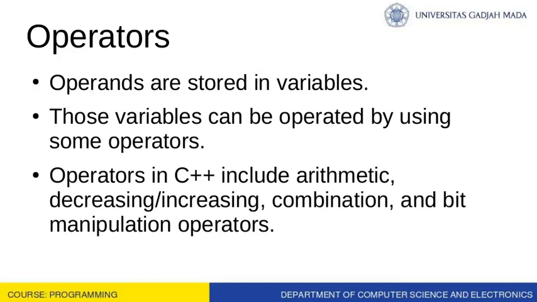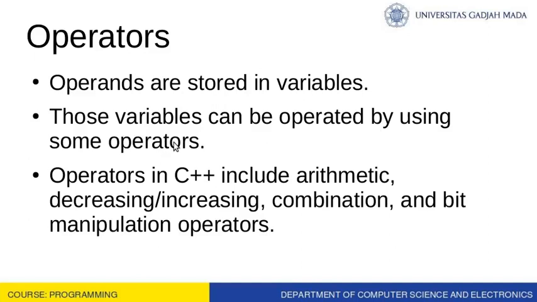So let us start by discussing what operators are. As you know, operands are stored in variables, which we have already learned in the previous videos, and those variables can be operated on by using some operators.